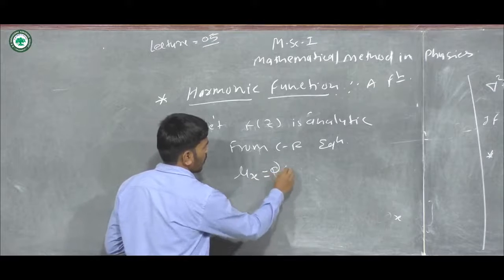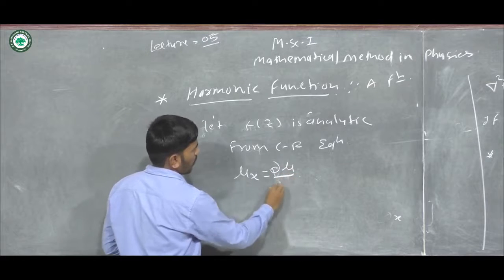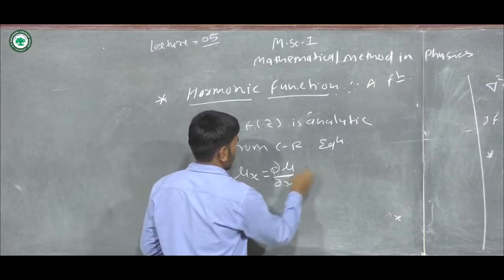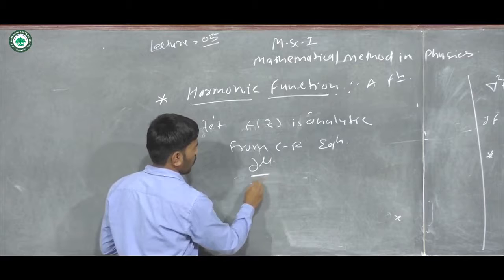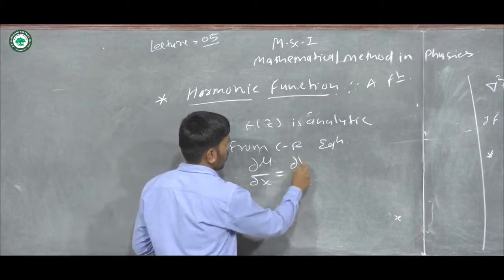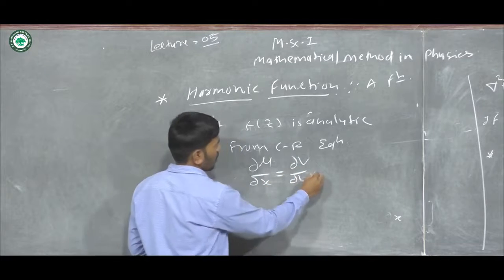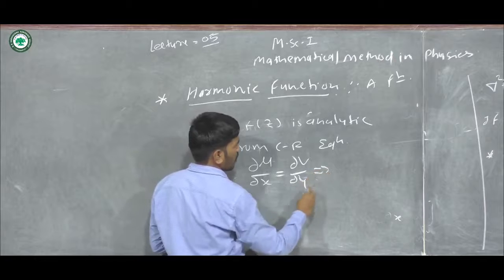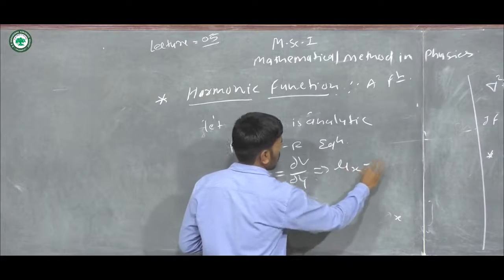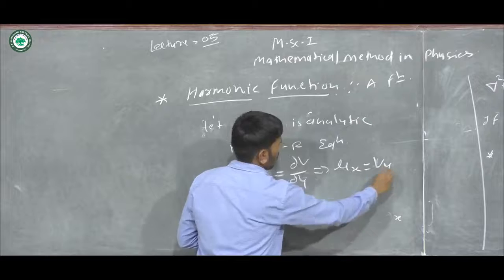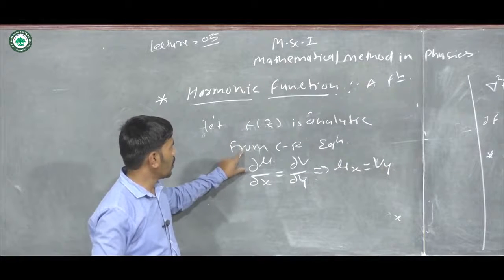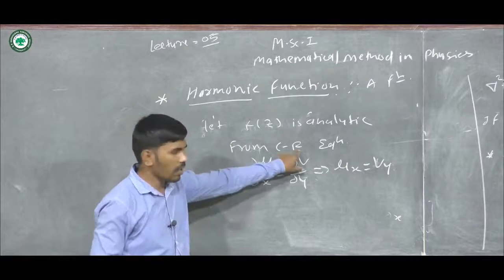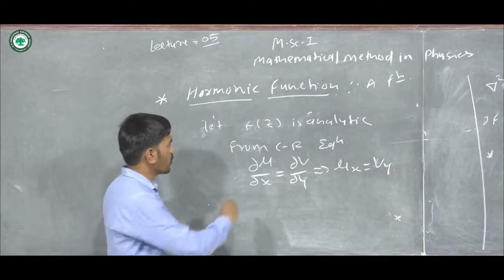We can also write dou u by dou x is equal to dou v by dou y. These are the same thing, ux is equal to vy. This is the CR condition, the Cauchy-Riemann equation.